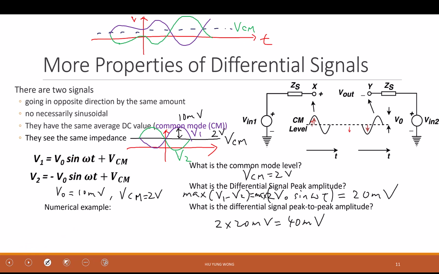You call it V equals V1 minus V2. So this is equal to 2V0 sine omega t. TA is asking what is the peak signal of V, and then what is the peak to peak of V?